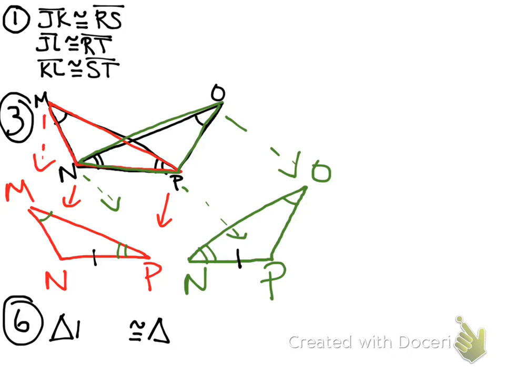Well, the first triangle looks like ABC, right? So ABC would go with which triangle? A goes with what? D. B goes with E. And then C goes with F. So again, what two triangles are you showing are congruent?